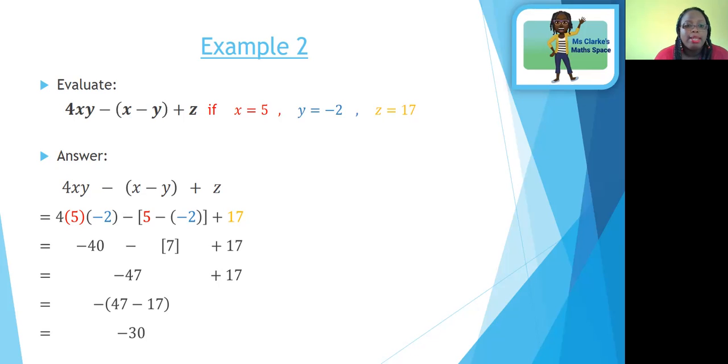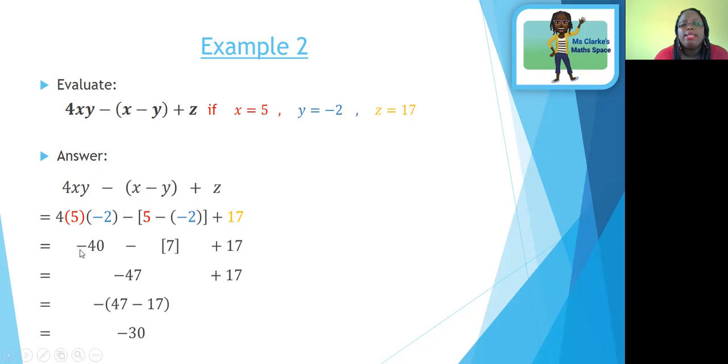You bring down your minus sign, and now we evaluate what is inside the bracket. We have 5 minus -2. Minus sign minus is going to become a plus. You're going to have 5 plus 2, which is 7. So that's in the calculator, so you would get 7 straight there as well. And then you bring down your plus sign, then you bring down your 17.